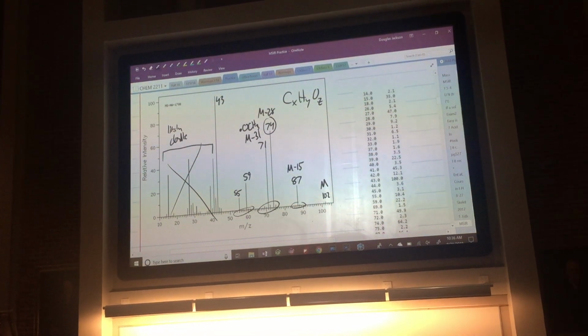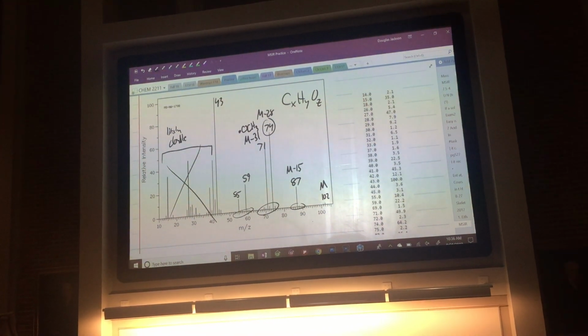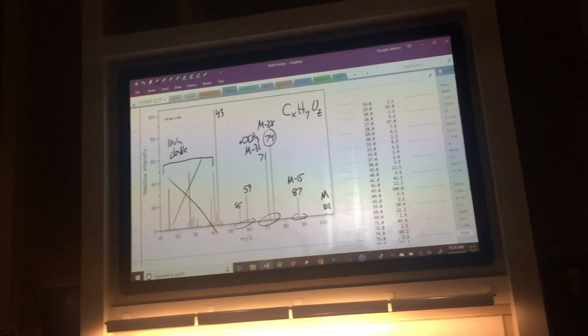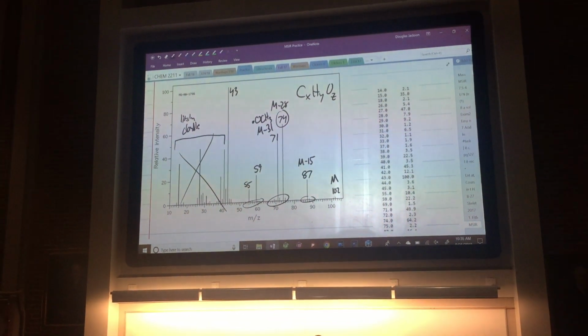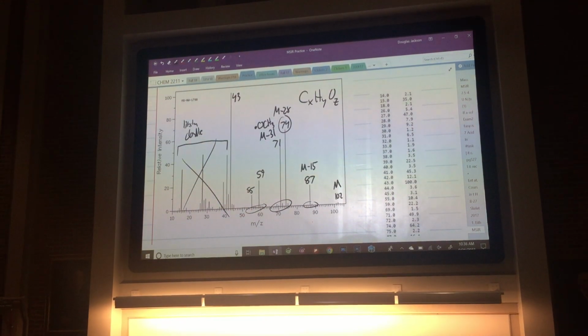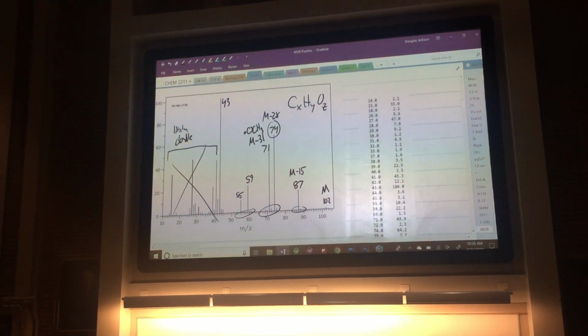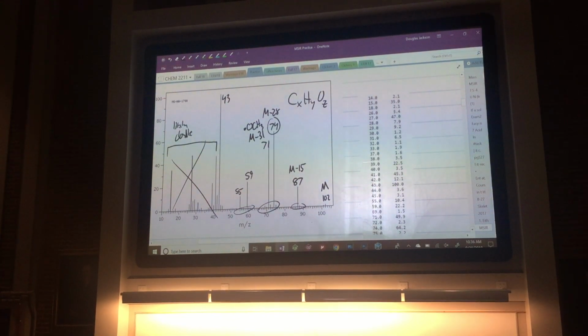That's the only thing it can be. So we just got a little evidence of a single bond oxygen, not just a carbonyl. Okay? That's important. That's enough for me to say at 102, I've got my molecular ion.